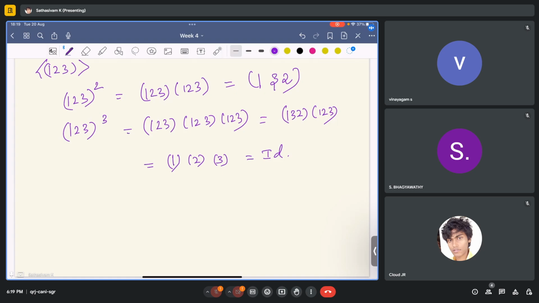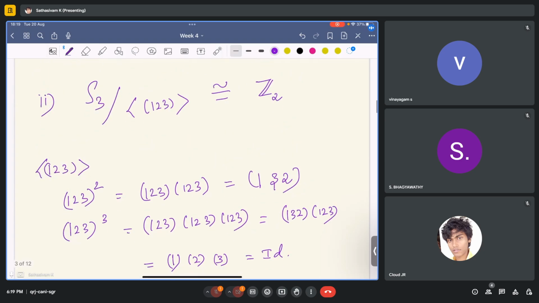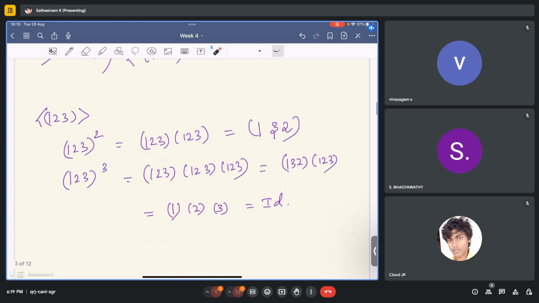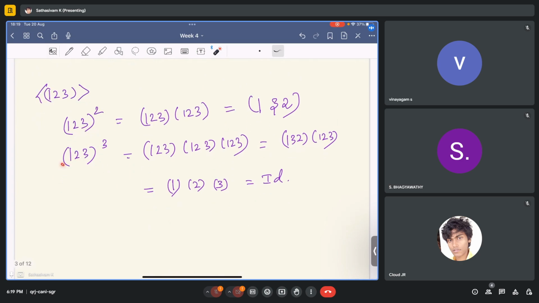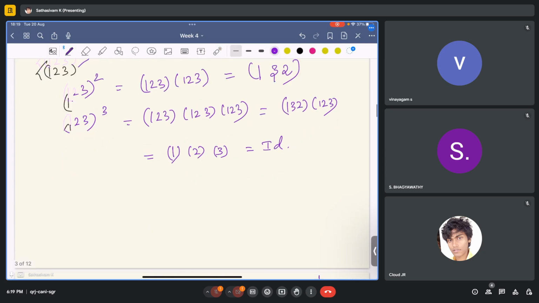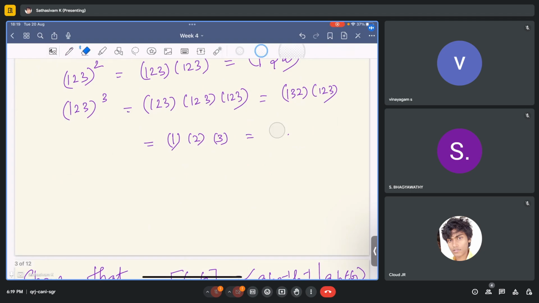What we are doing right now is trying to compute what the subgroup generated by (1 2 3) is, so we are taking the squares and cubes and everything. We have seen that (1 2 3) to the power 3 is the identity. So what are the elements we have? I will call the identity e.